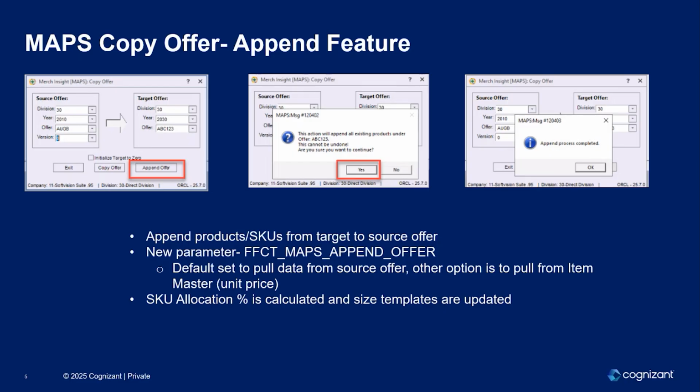What I do want to clarify, though, it's all or nothing. You either have everything pull from the source offer, or if you set it to pull from item master, all offer pricing will come from the item master. So you can't mix and match.